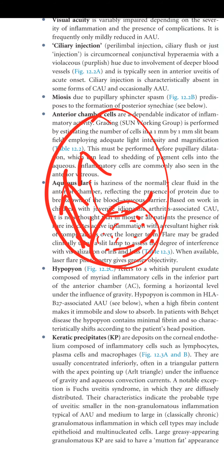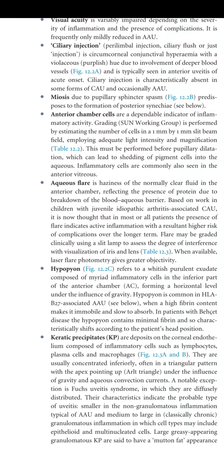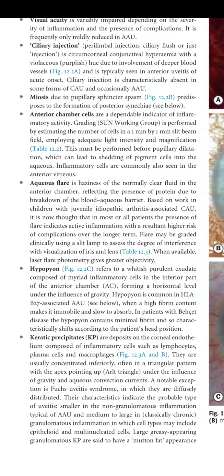A notable exception is Fuchs uveitis syndrome, in which they are diffusely distributed. Their characteristics indicate the probable type of uveitis: smaller in the non-granulomatous inflammation typical of acute anterior uveitis, and medium to large in classically chronic granulomatous inflammation, in which cell types may include epithelioid and multinucleated giant cells.